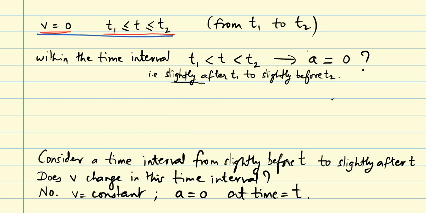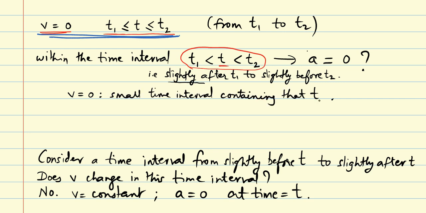And because of this condition, it's quite easy to understand that for any small t which satisfies this particular condition, the velocity is equal to 0 for any small time interval containing that t. And since the velocity doesn't change in that small time interval, we can say that the acceleration is equal to 0 at the time t.